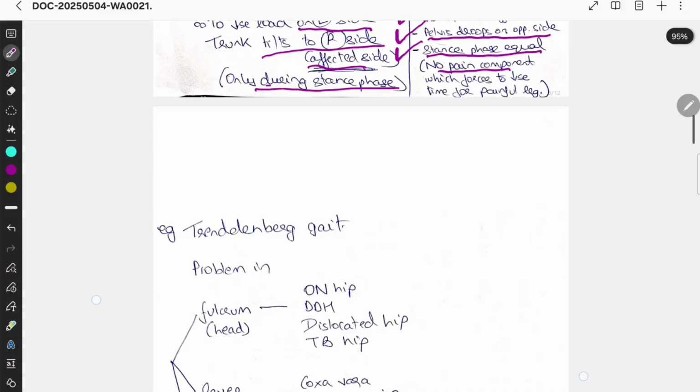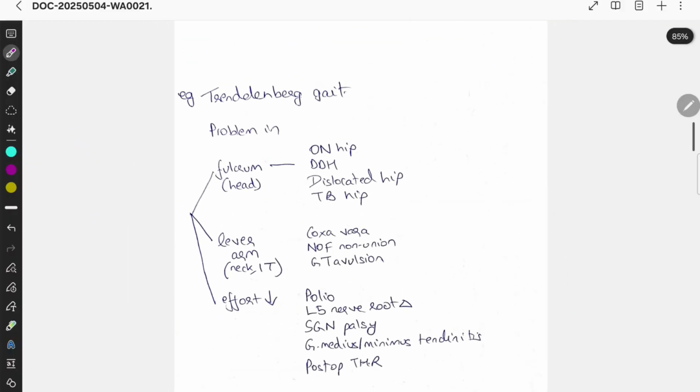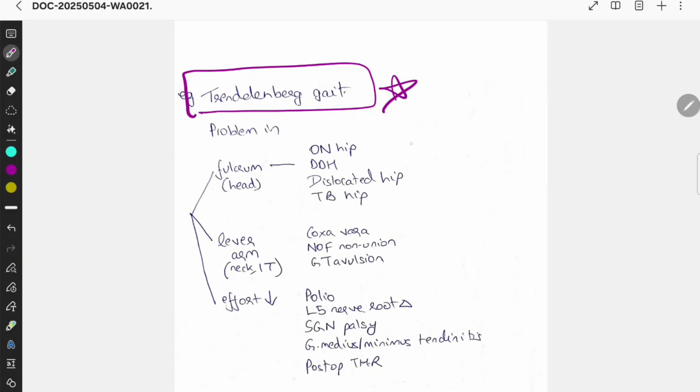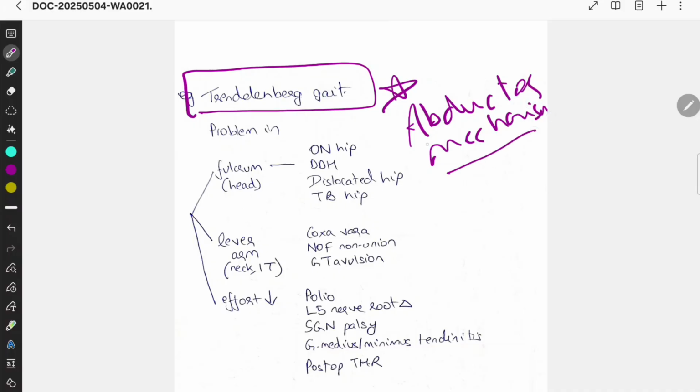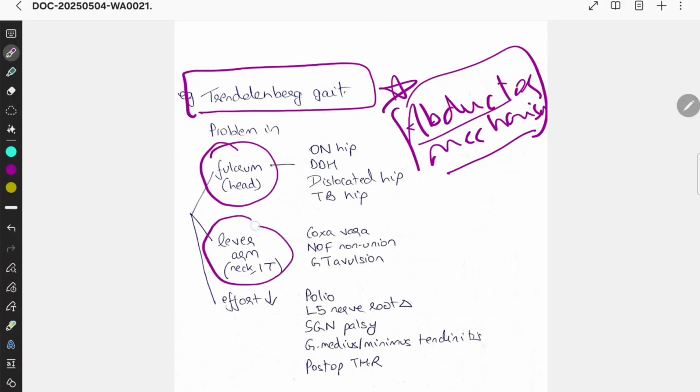Now we discuss when Trendelenburg gait is present. Whenever there is any pathology in the abductor mechanism, which is a lever system. Whenever there is some pathology in the fulcrum, in the lever, or in the effort.